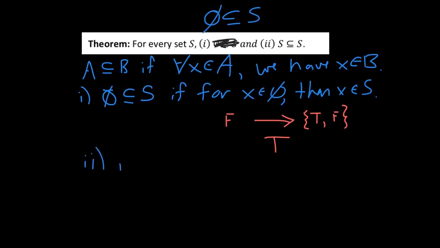Well, if I have an element X inside of S, then yep, it's certainly true that X is an element of S. So yeah, we do get that S is a subset of itself, because anytime I take something in S, that something is in S, so S is a subset of itself. Not as weird as saying the empty set is a subset of S, but nevertheless, that's still the case.